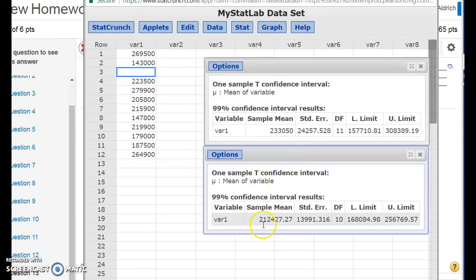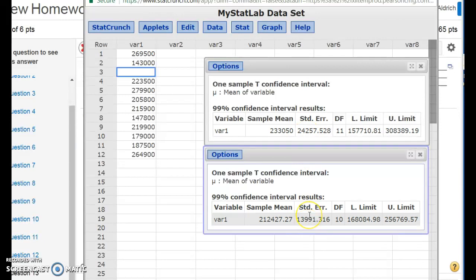So you see our sample mean now is a lot lower because we threw out that home that was super expensive. So the sample in general is much smaller. And then you'll see our lower and upper limits are actually even closer to the mean than we had before because there's not as much variation over here. We got rid of that outlier that was throwing everything off. Look how high the standard deviation is here compared to here.